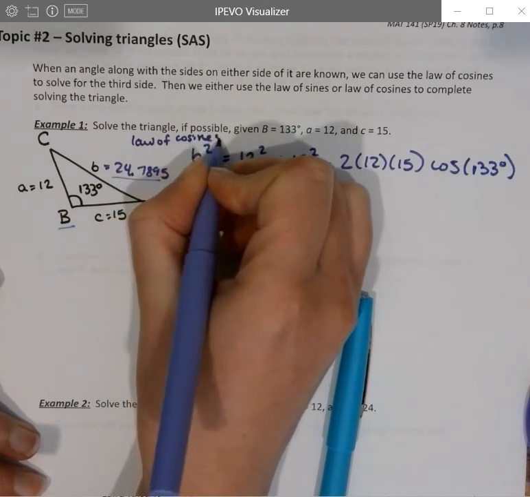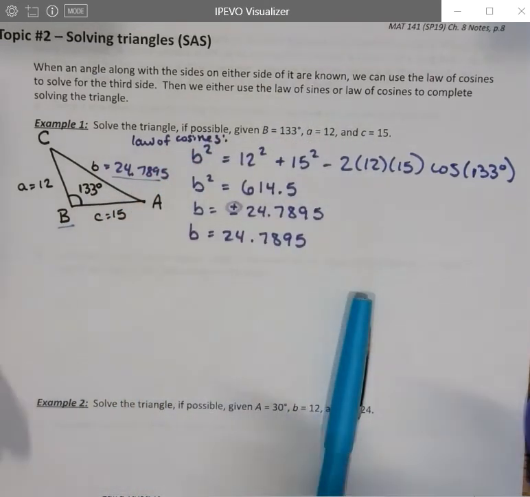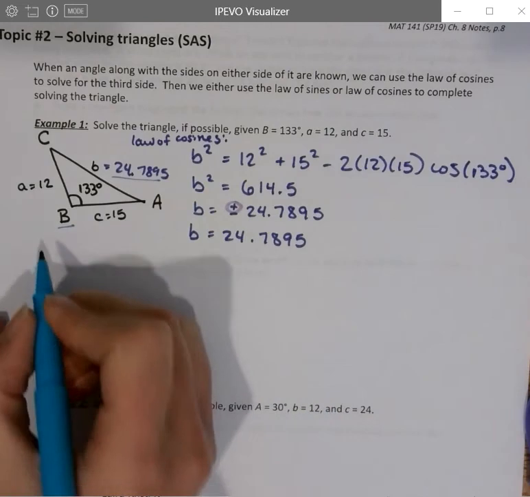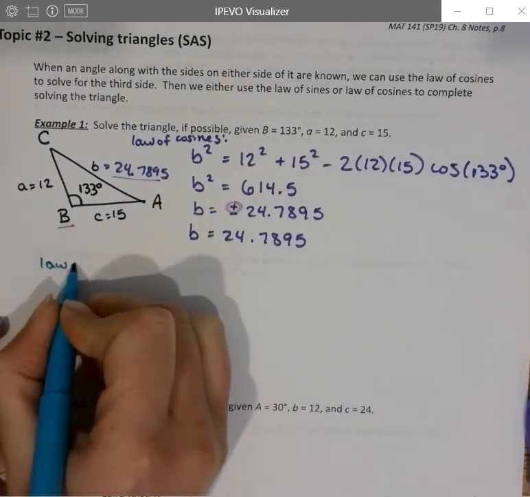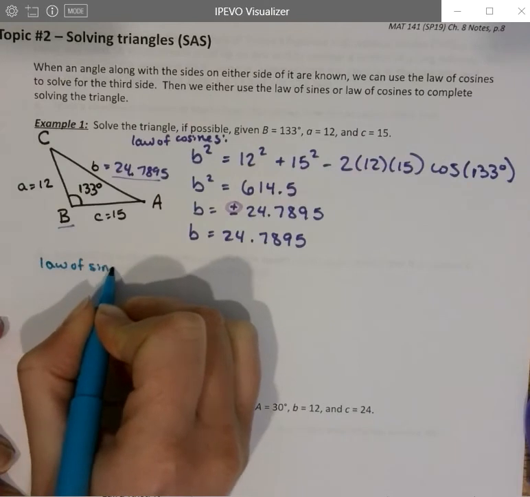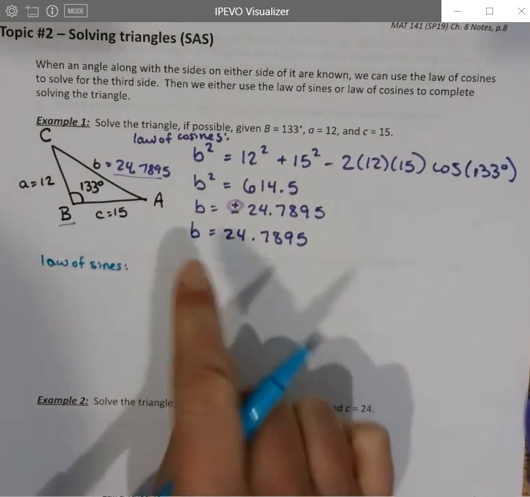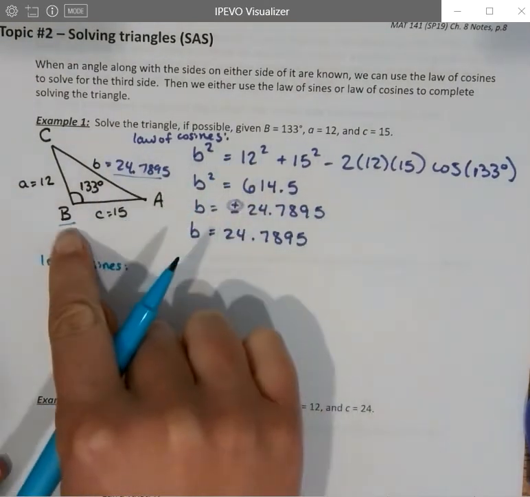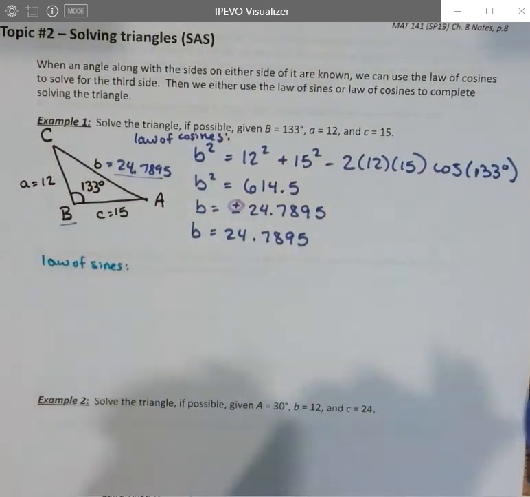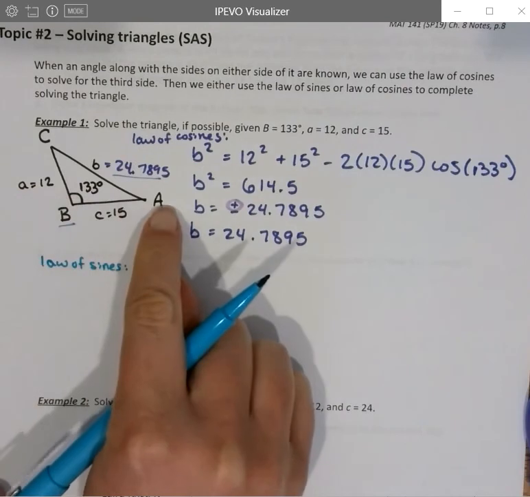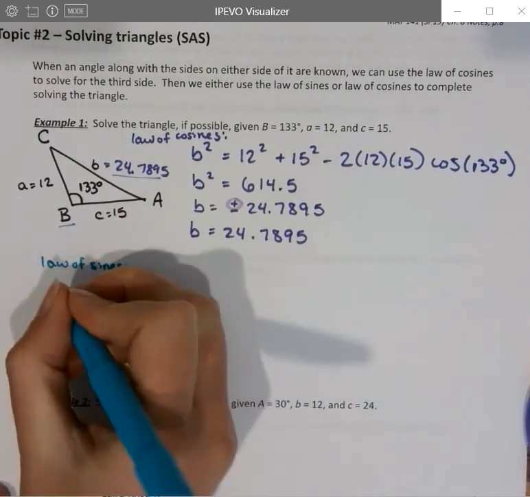To solve a law of cosines problem, we often need to use the law of cosines and then the law of sines. We're not going to be able to use just the law of cosines independently. And so I can use the law of sines with the ratio of the b's to find either a or c. Doesn't matter which one. Let's just go for a. Since it's the a value, the angle that I want, I'll put those on top.